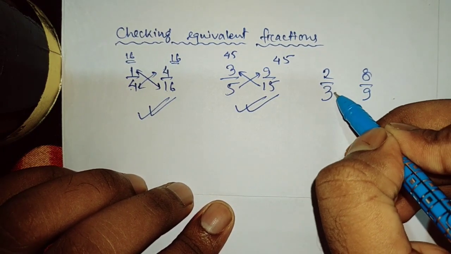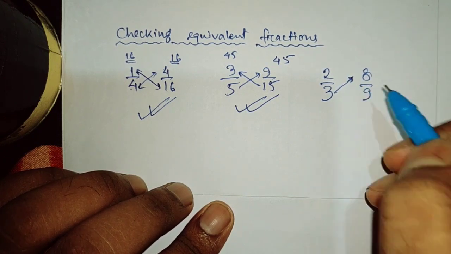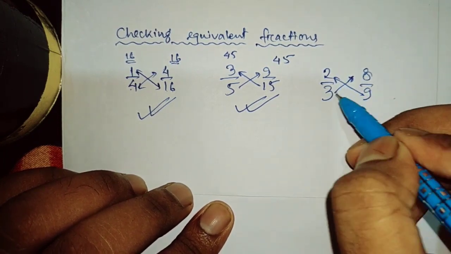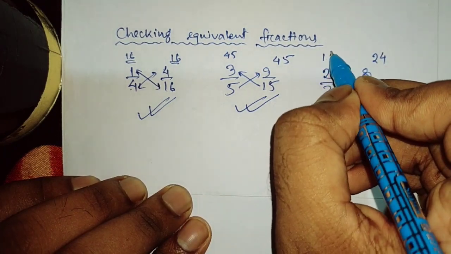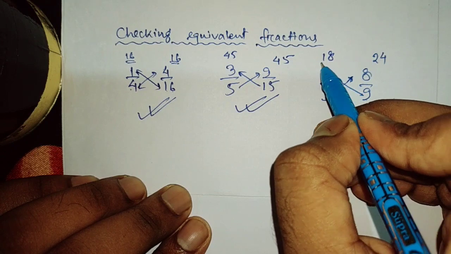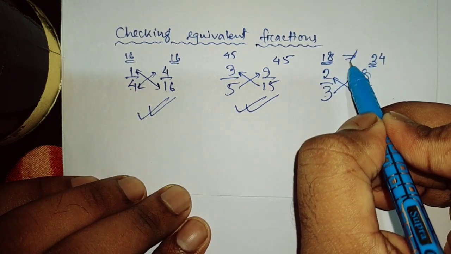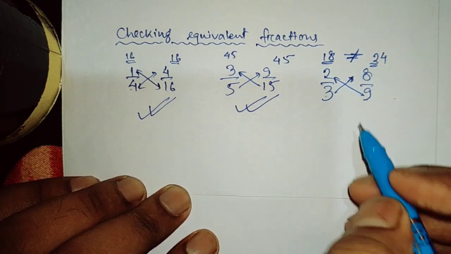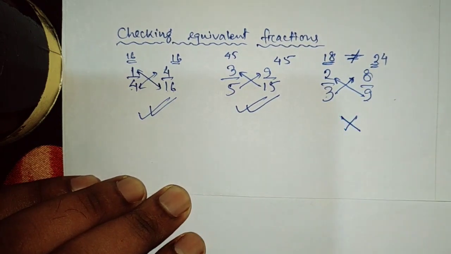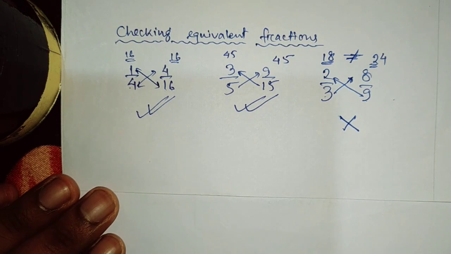We'll multiply 3 with 8 and 9 with 2. 3 8s are 24 and 9 2s are 18. 18 and 24 are not equal. So 2 by 3 and 8 by 9 are not equivalent fractions.